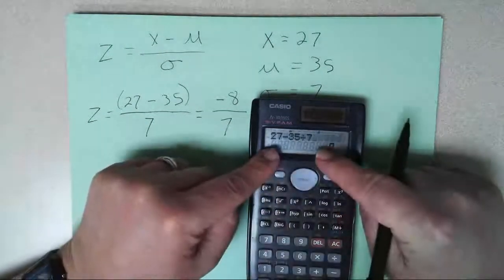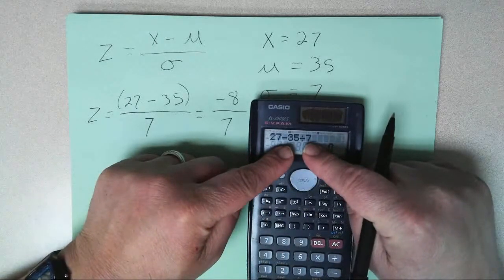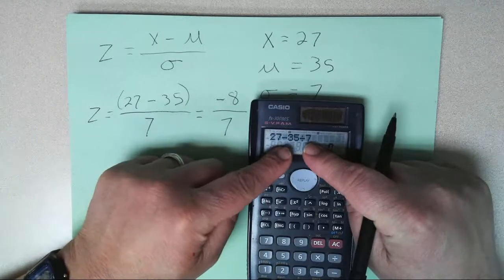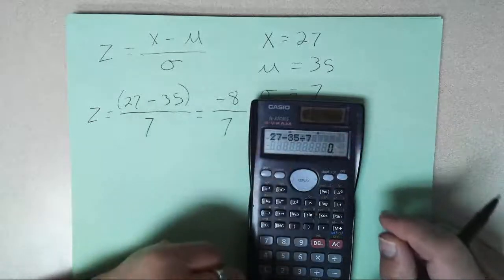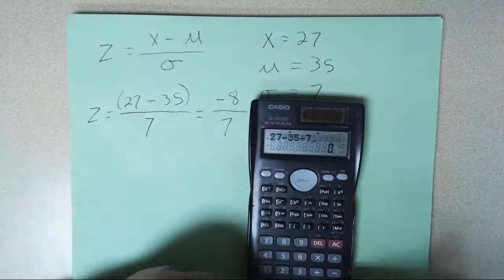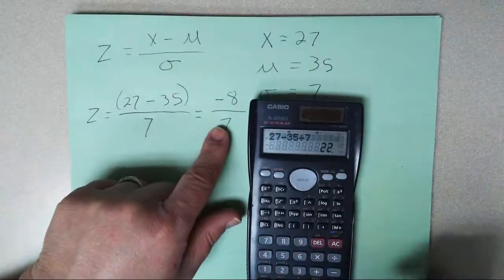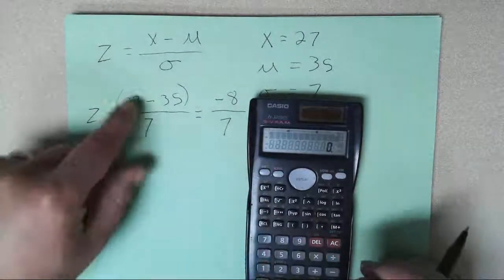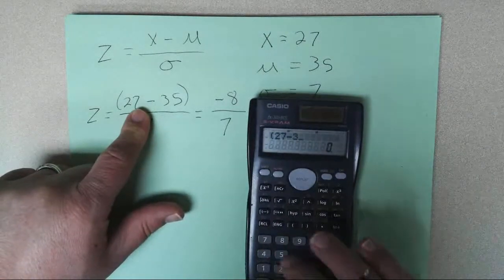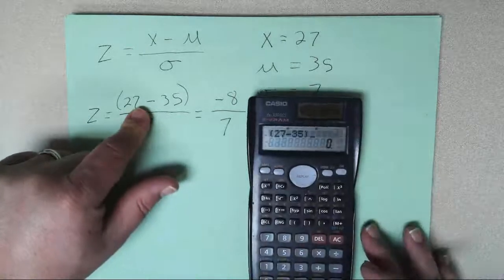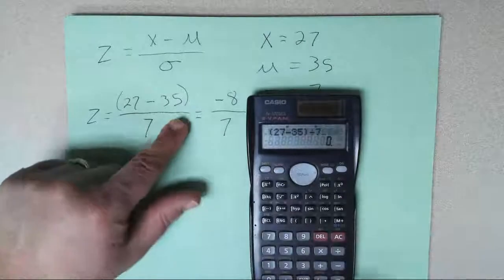Okay, so what it's going to do is take 35 divided by 7 first, and it would get 5, and then it's going to take 27 minus 5, and that's going to be 22. Okay, and that's not the same as this. Okay, so what you have to do is you have to tell the calculator to subtract first. So I have to use a parentheses, and then I divide that by 7.